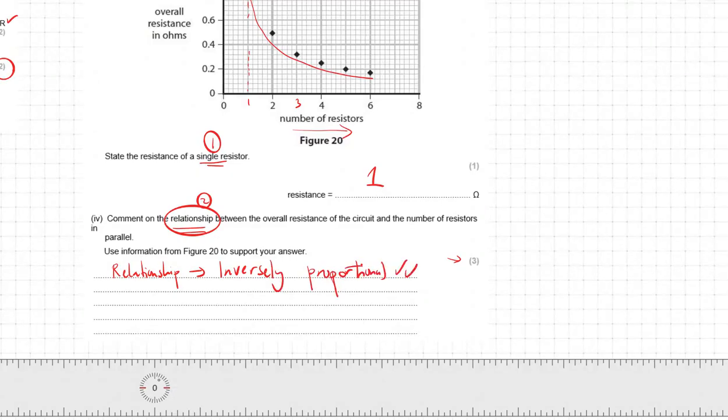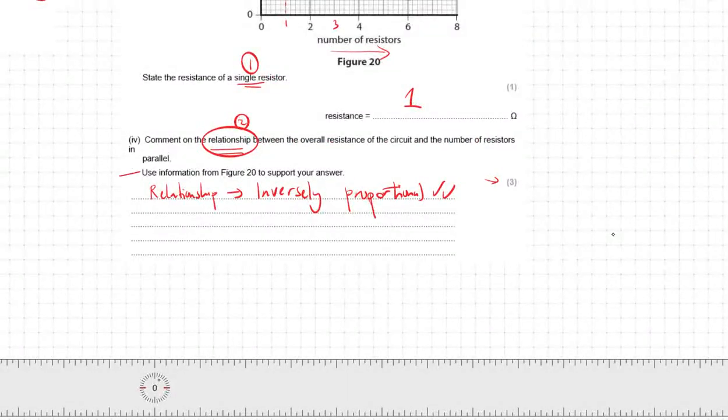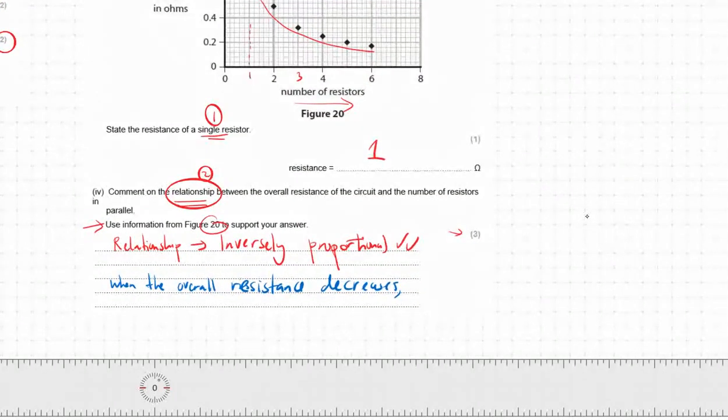Now, since there are 3 marks, we need to use the information given to us to support our answer. So what happened is we can say that when the overall resistance decreases, okay, what's going on to the number of resistors?